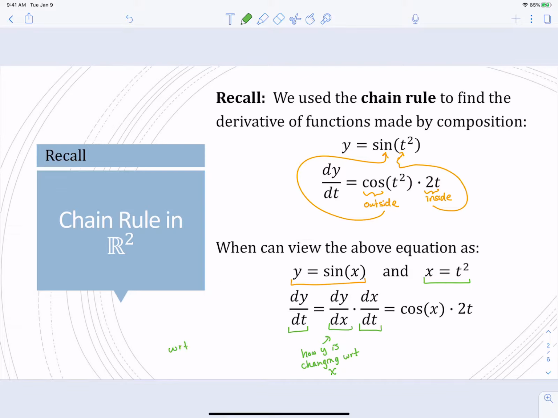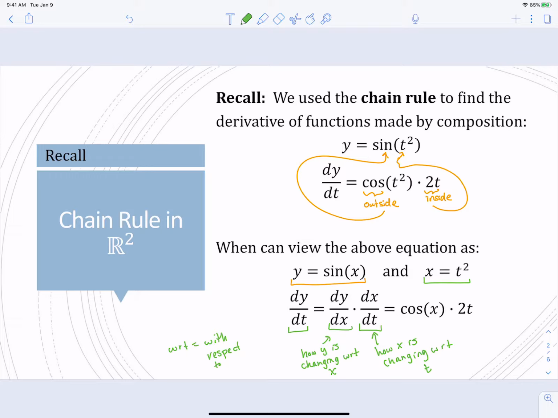So WRT, that is, with respect to. And that just means that that's the one that we control, that we can change. That's our independent variable. And then a second derivative we have here, this is how x is changing with respect to t.